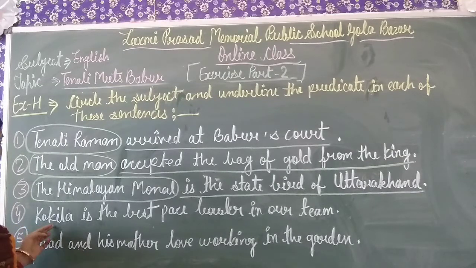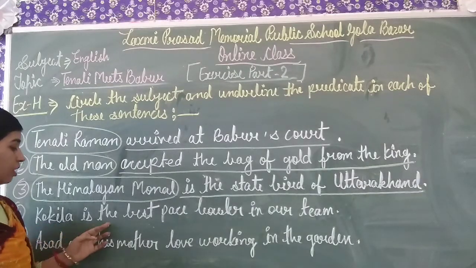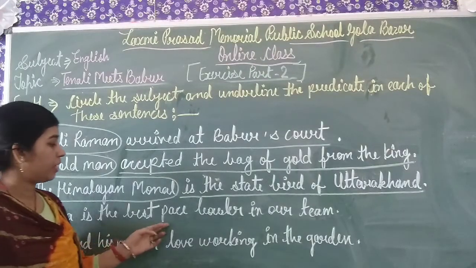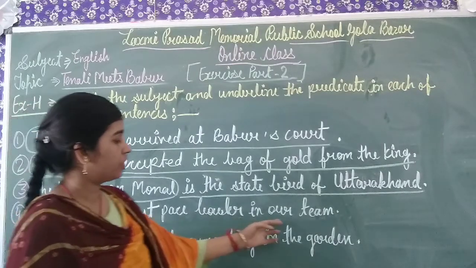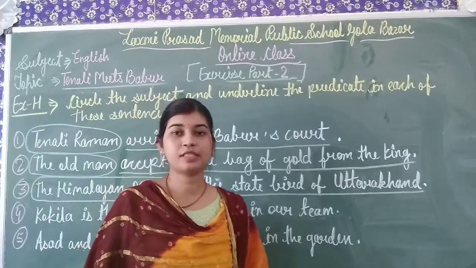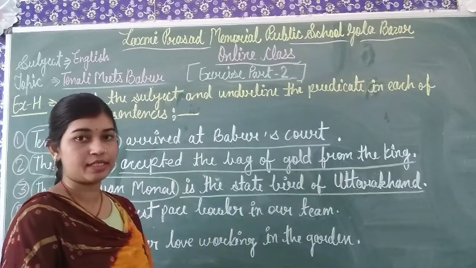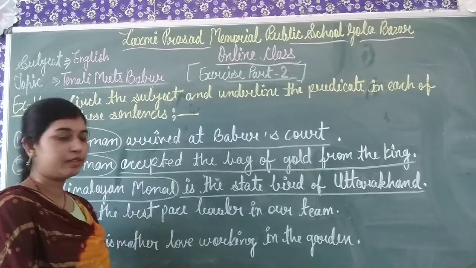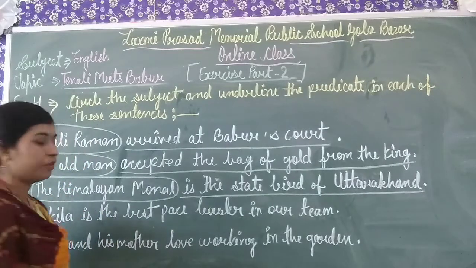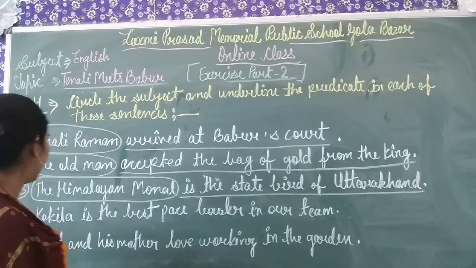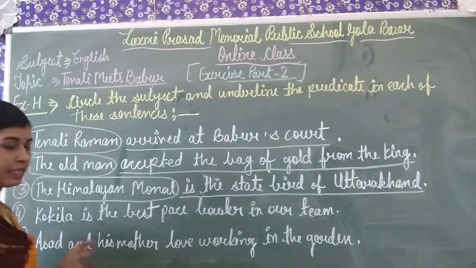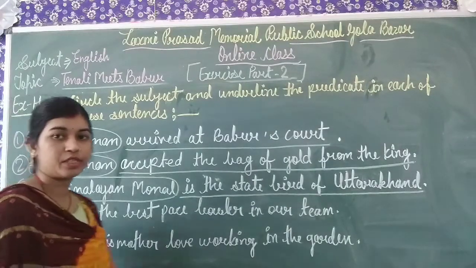Okay. So students, now next number 4. Number 4 is Kokila is the best pace bowler in our team. So students, tell me which part of the sentence is subject? So here subject is only one word, that is Kokila. And what is Kokila?